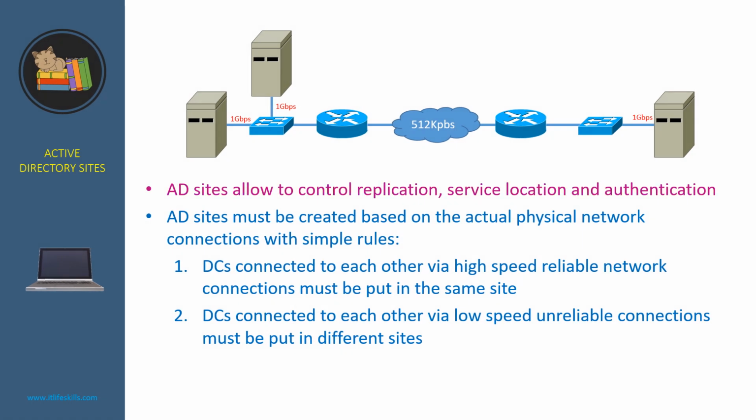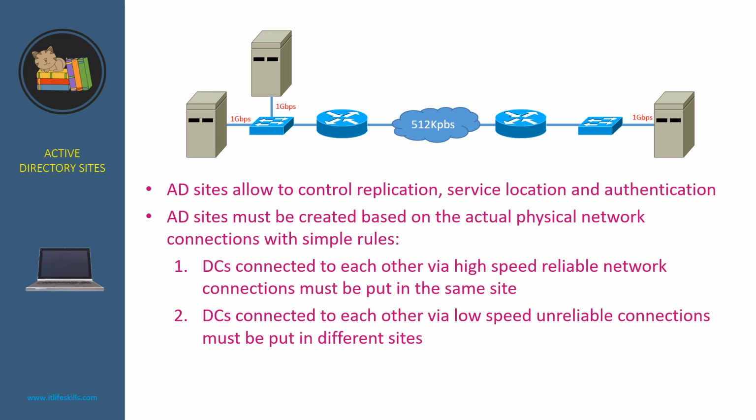Active Directory sites allow to control replication, service location, and authentication. Active Directory sites must be created based on the actual physical network connections with simple rules. DCs connected to each other via high-speed, reliable network connections must be put in the same site.